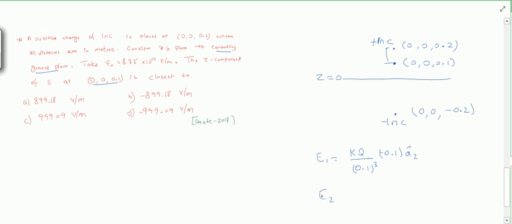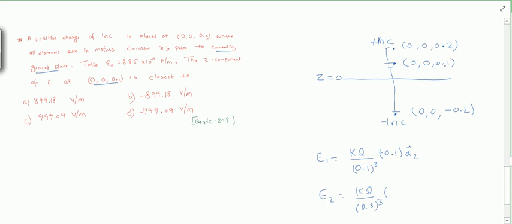If I find E2, what will it be? It will be kq by the distance between them cubed. The distance between them is 0.3, so it will be 0.3 cube, and the vector will be the field location minus the source location.